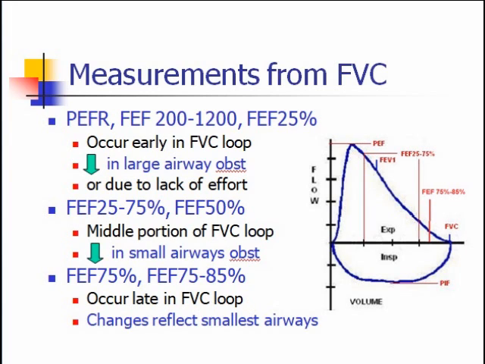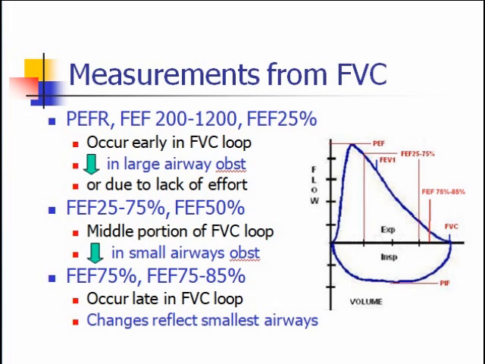So in that first measurement, that exhalation as hard as we can, we get the peak flow. And that's, if you look at the loop, at the very top, the highest point of the loop. We also measure the FEF 200 to 1200, and that's the first liter of air coming out of the lungs. And that shows us, again, those large airways, and then the FEF 25% is the final portion of the air in the large airways.